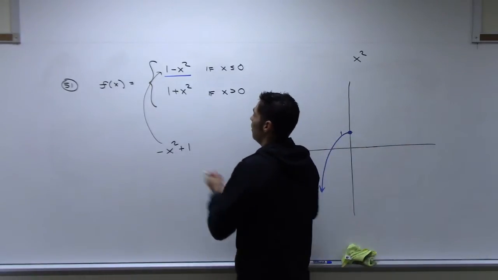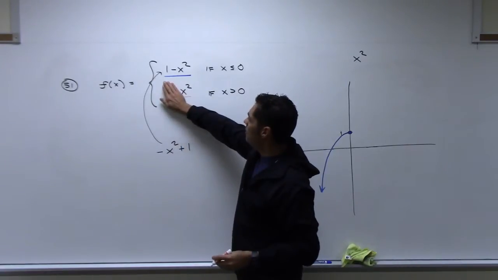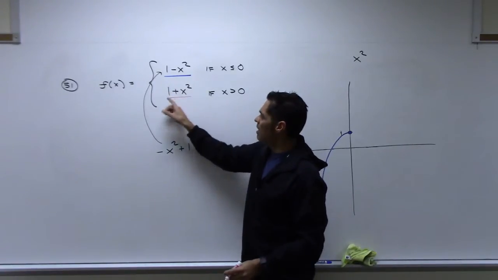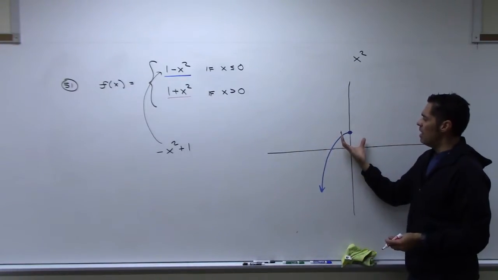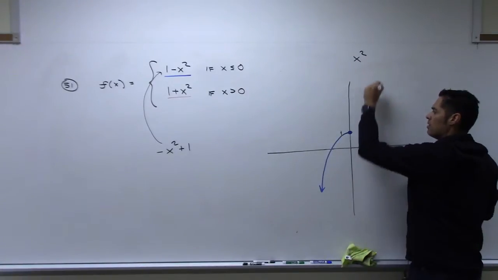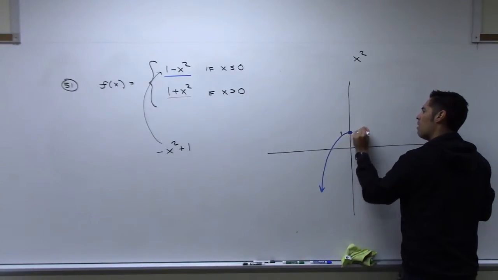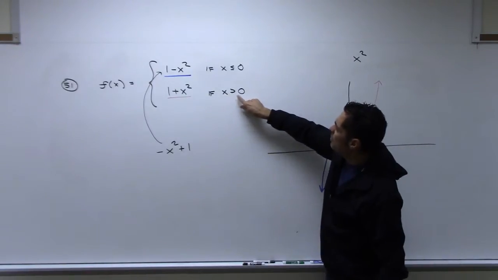Then I have this function, 1 plus x squared. Well, x squared by itself is a parabola that opens up. Adding 1 to it moves it up 1. So it's only going to be the right side of it because I'm only drawing it if x is bigger than 0.